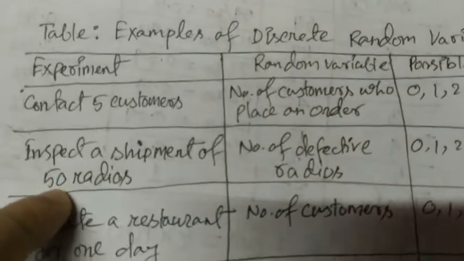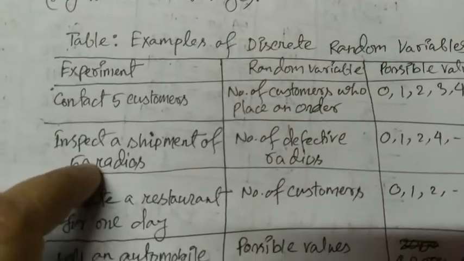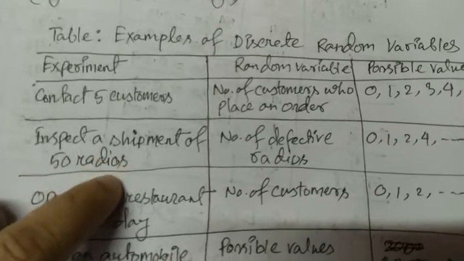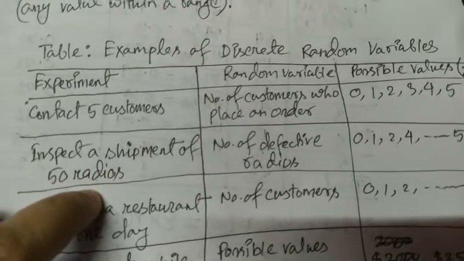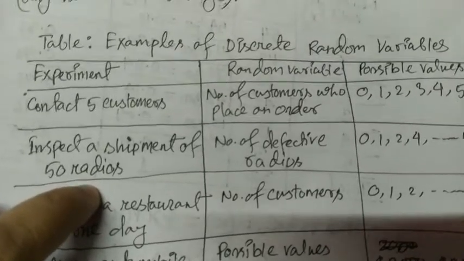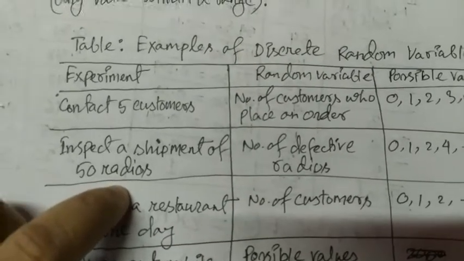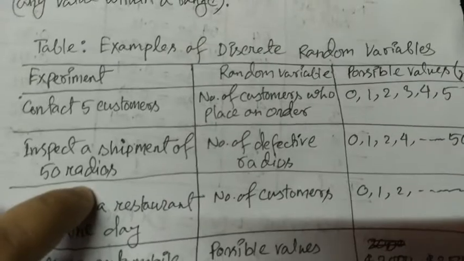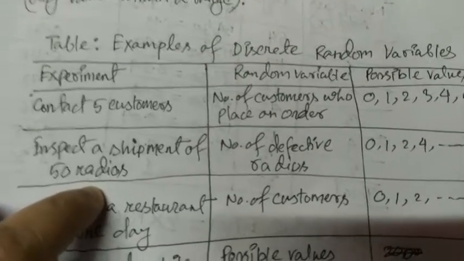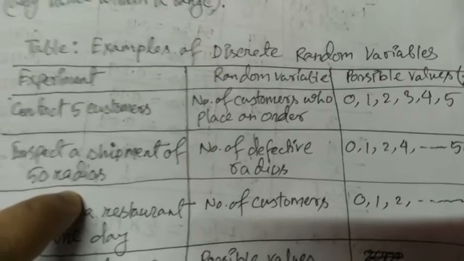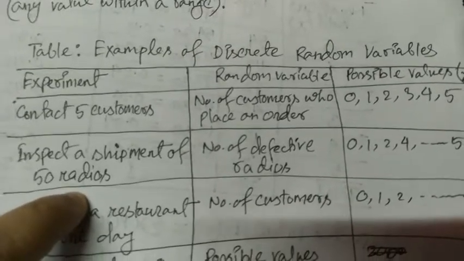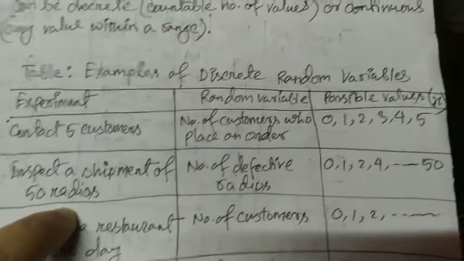Suppose we are inspecting a shipment of 50 radios. As usual, when you receive the shipment, you need to check whether the goods are defective or not defective.